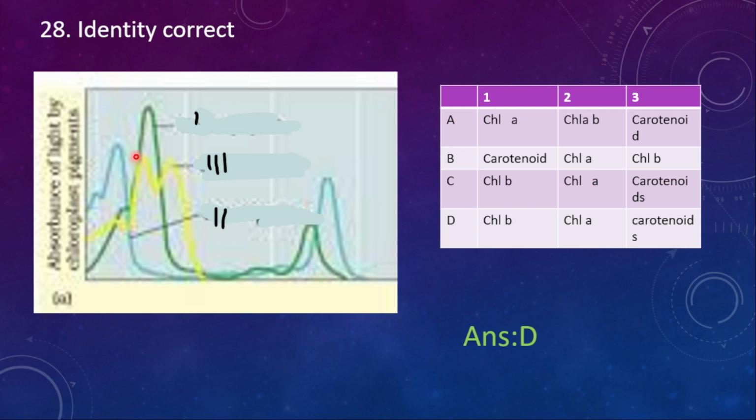The absorption spectrum of chlorophyll B is next to chlorophyll A, but it shows up before chlorophyll A. I think this is very easy. Whoever comes first will go last, and whoever comes next will go first. I hope you are clear about this. And the yellow will be the carotenoids.